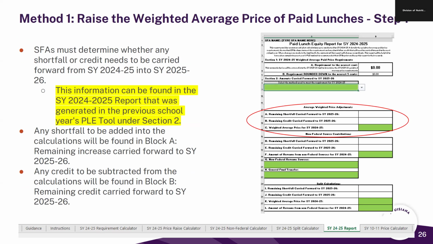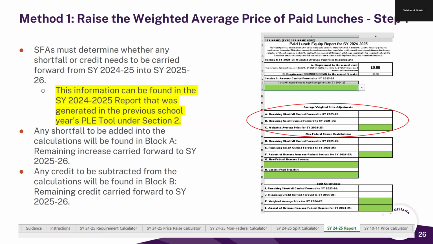So now SFAs must determine whether any shortfall or credit needs to be carried forward from last school year, 24-25, into the 25-26 school year. This information can be found on your previous school year's PLE report, so for the 24-25 school year PLE report, that's going to be in section 2.